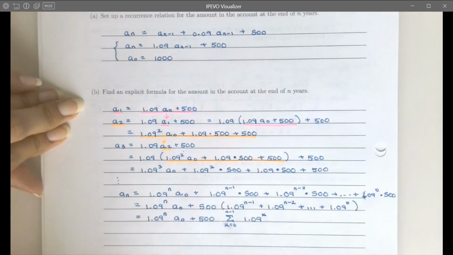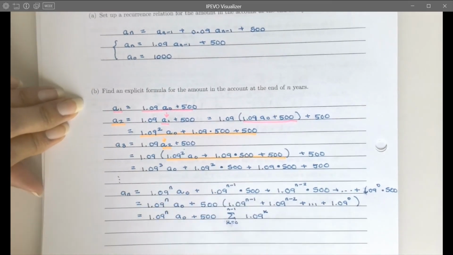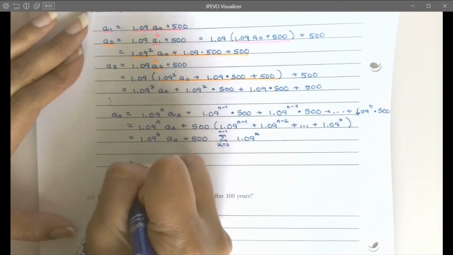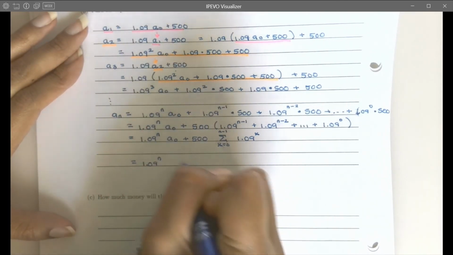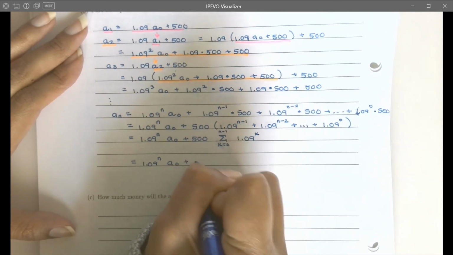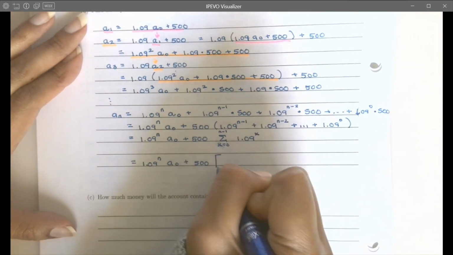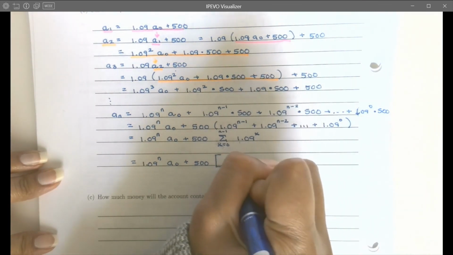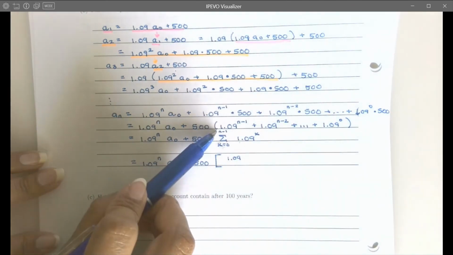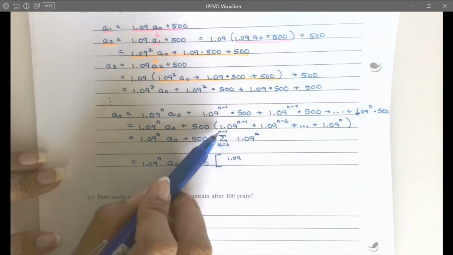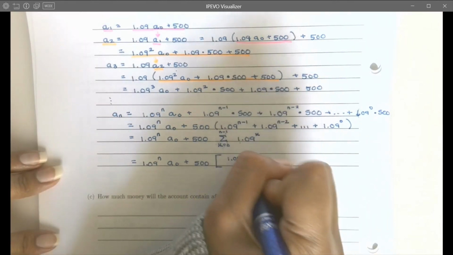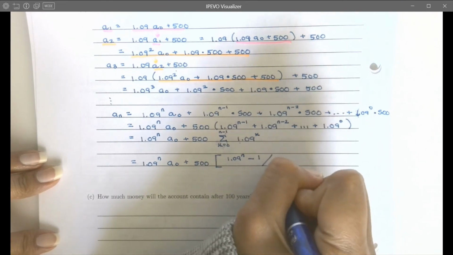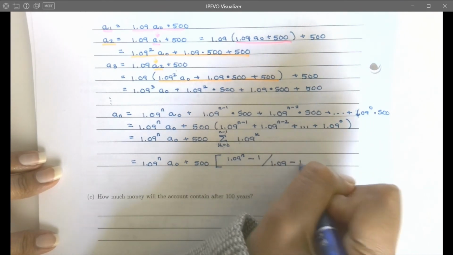Now if you recall, this is again a geometric sum. So if we apply the formula, this is going to become 1.09 to the n A0 plus 500 times, the formula says take your r, which is 1.09 in our case, and raise it to the ending index plus 1. So that would be n minus 1 plus 1, which is just n, minus 1 divided by r minus 1, which is 1.09 minus 1.